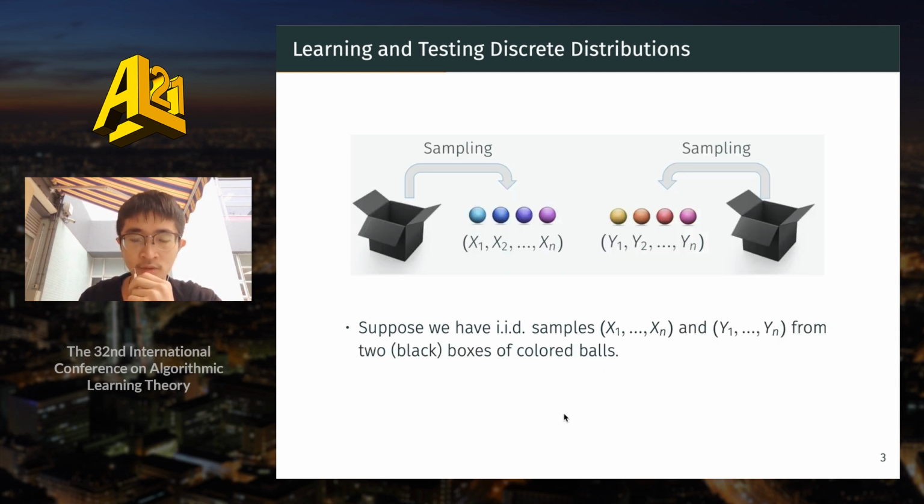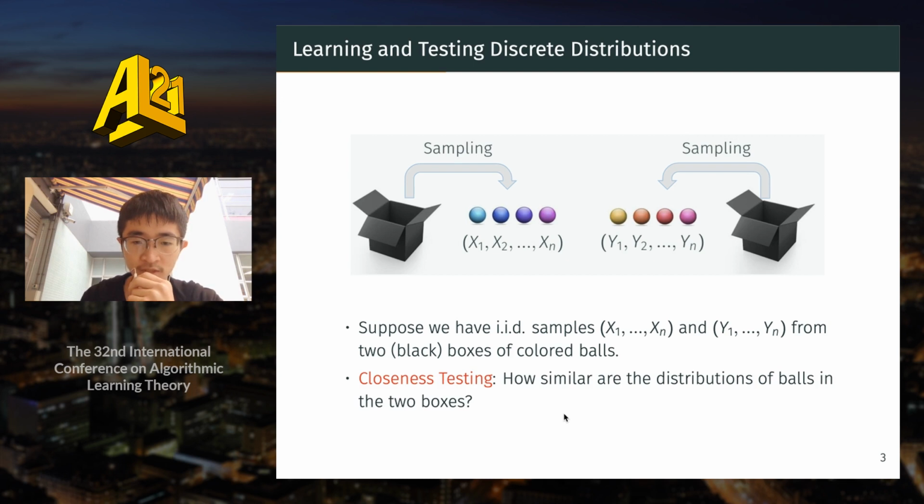And there are also other problems. What if we have two black boxes, and we draw samples x1 up to xn from black box A and another sample y1 up to yn from black box B? Using these samples, we would like to ask how similar the distributions of colored balls in these two boxes are. This is known as the closeness testing problem.